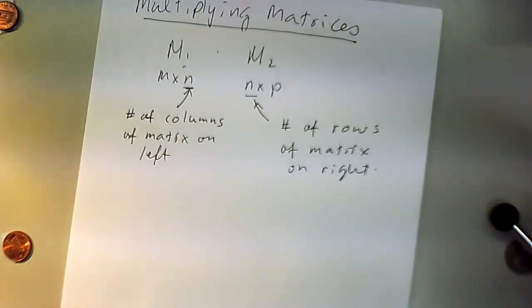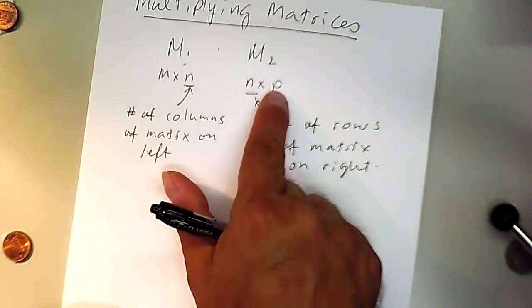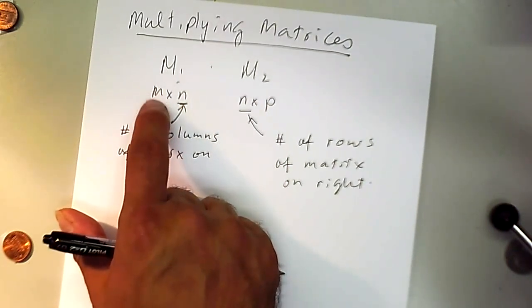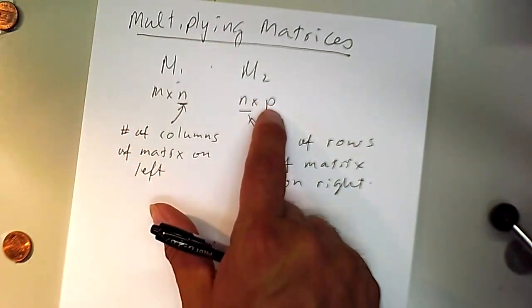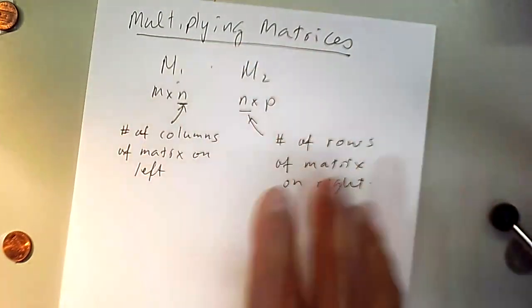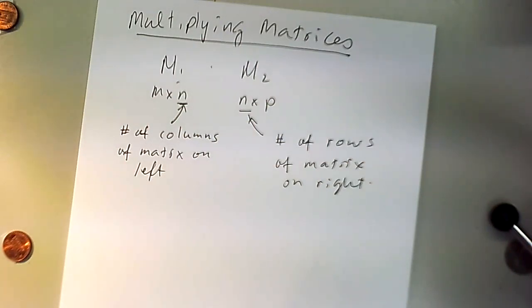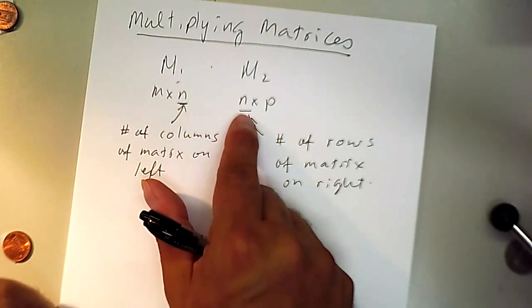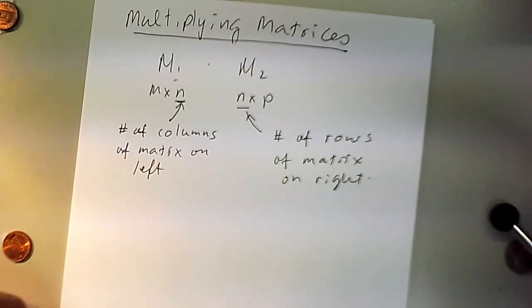Okay, it has to match. Now, those other two numbers, the number of rows of the left matrix, the first matrix, and the number of columns of the second matrix, they can be any number. It doesn't matter what they are. What is important is that those two are identically the same number.